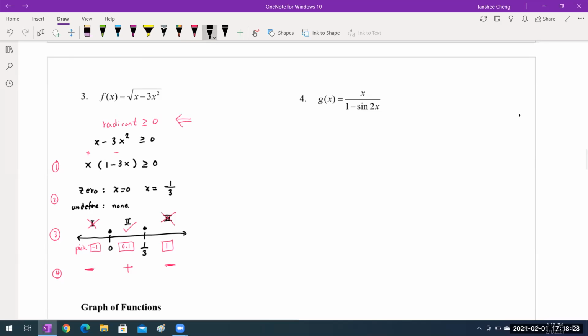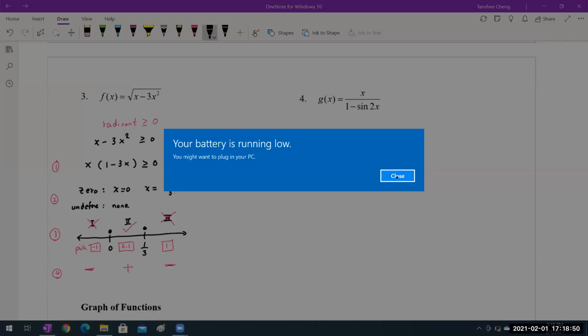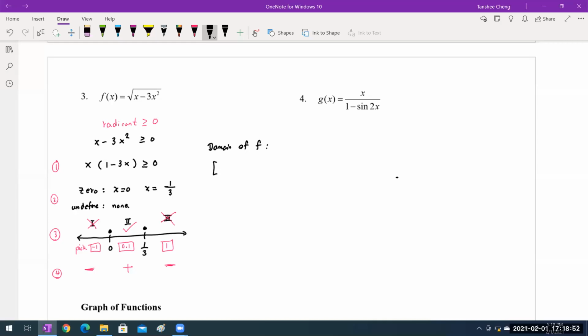Now that I found out the solution of this inequality, we can talk about the domain, because the domain is any x value that satisfies this inequality. So in this case, finally, I can conclude my answer. Domain of function f will be from 0 to 1/3.